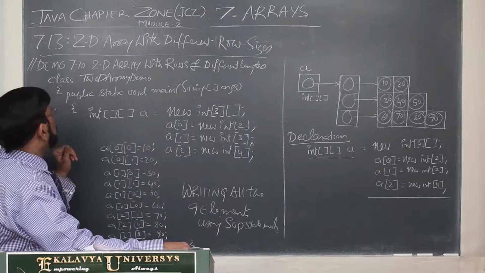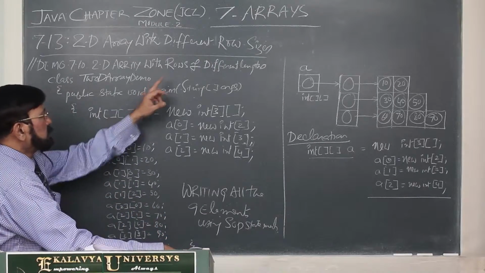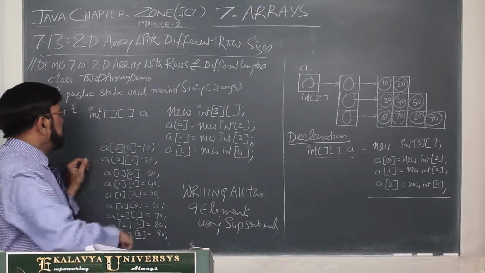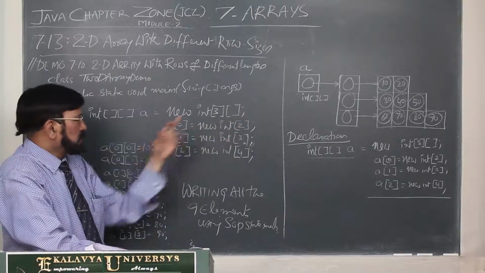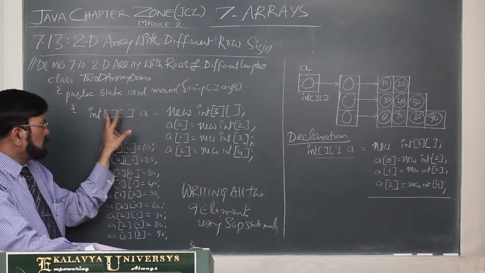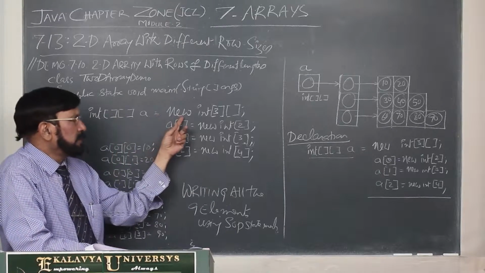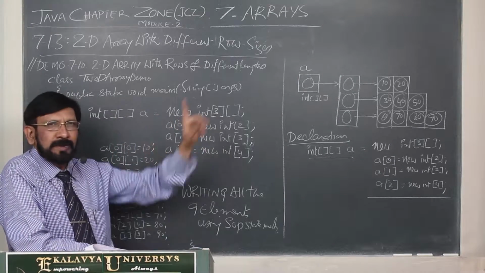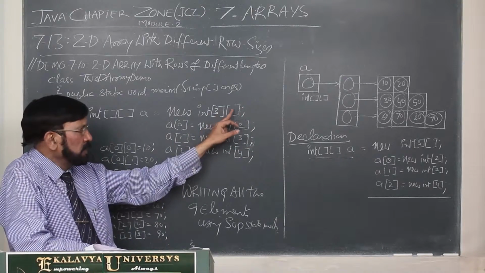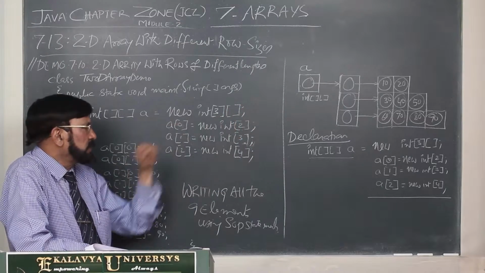Let us consider program 7.10, 2D array with different row sizes. Now this is the main. Thereafter you see, whatever I showed, I am showing it here. And for int, you should not give sizes here because this is a reference variable. Its name is a, here new int[3] because 3 rows are confirmed. So you can give 3, the number of rows, but the number of columns is not uniform, that's why you should not give it.